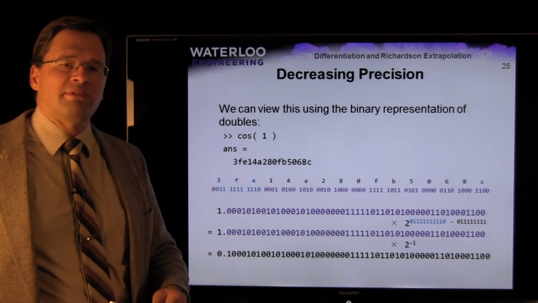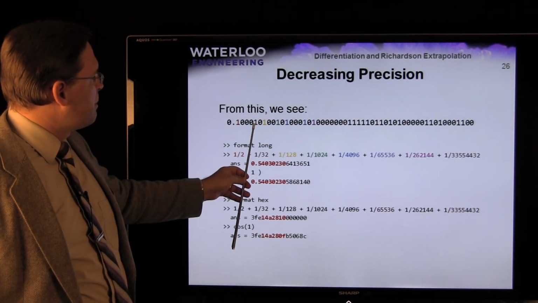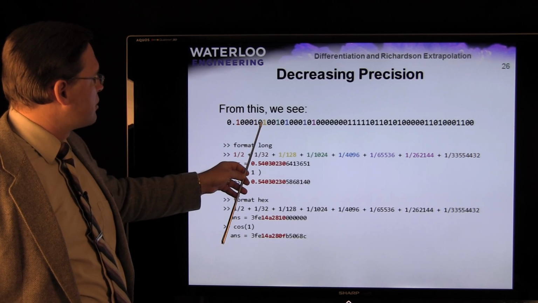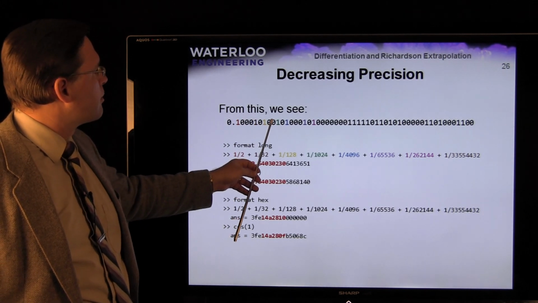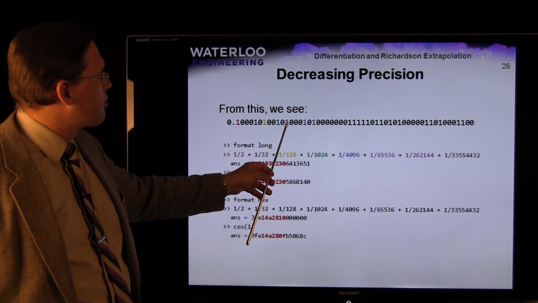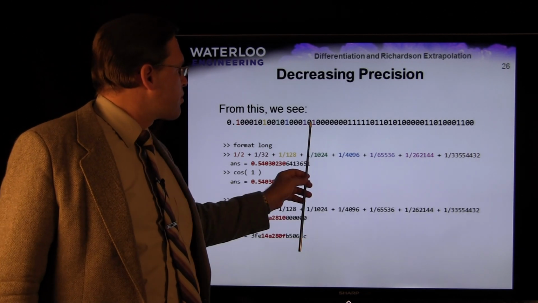If you doubt this, you can actually calculate it yourself. What are these bits here? This is 1/2. This next one is 1 over 32, 1 over 128, 1 over 1024, 1 over 4,096, and so on and so forth.